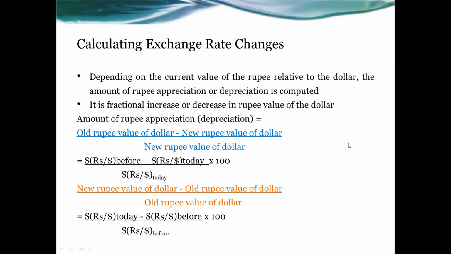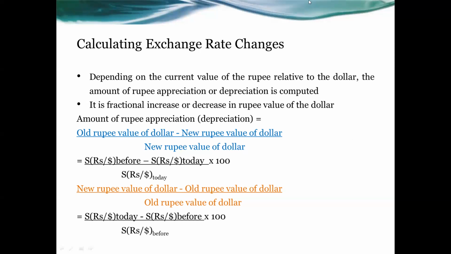So how are we going to calculate? That is the most important thing. The calculation is the old value of our exchange rate minus the new value, divided by the new value. That is, the spot rate before minus the spot rate today, divided by the spot rate today.